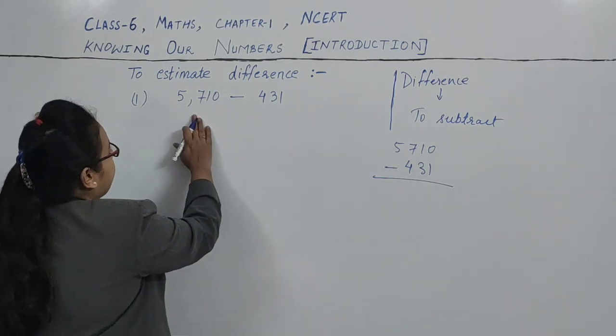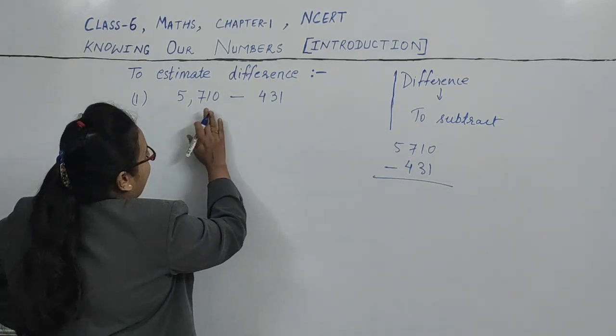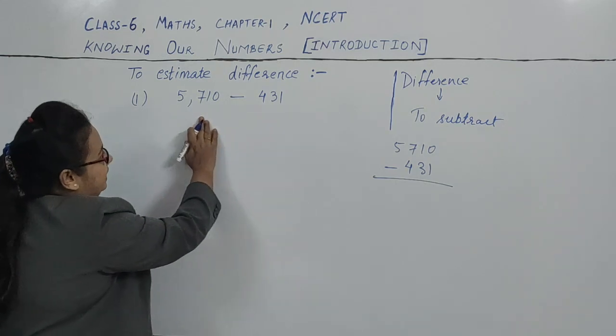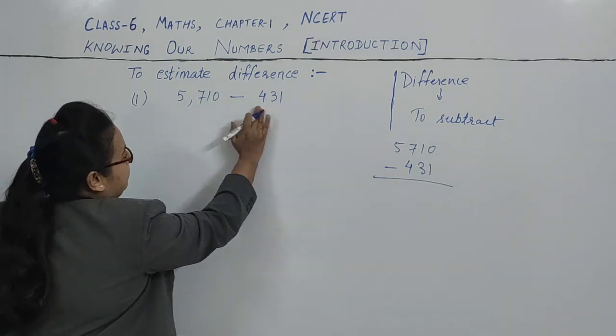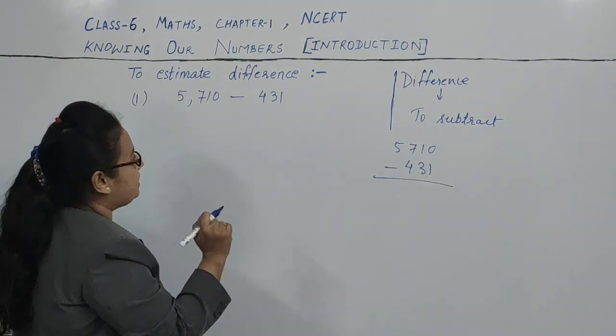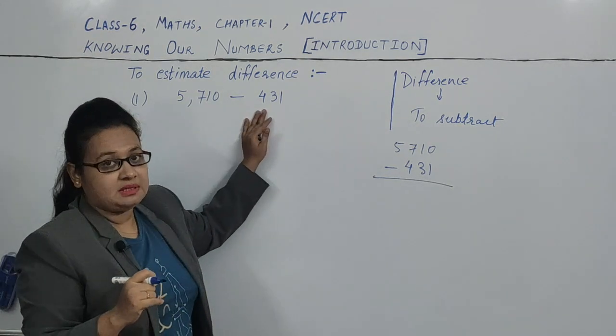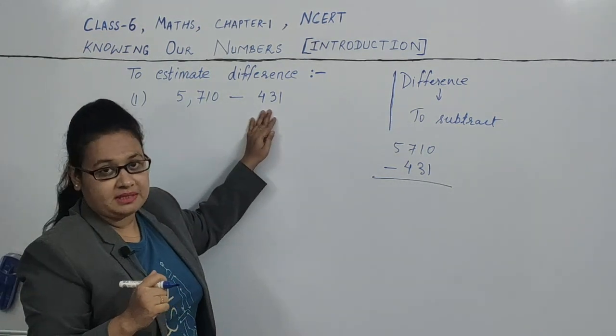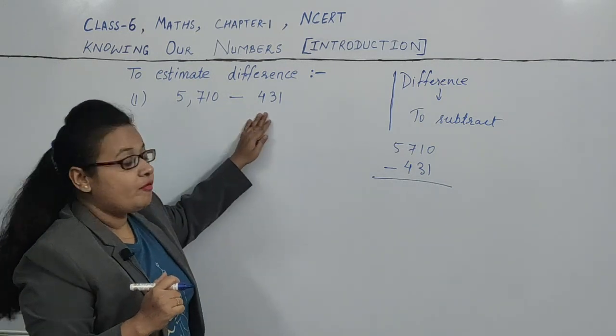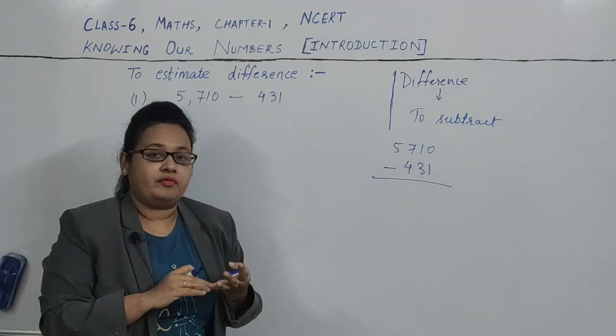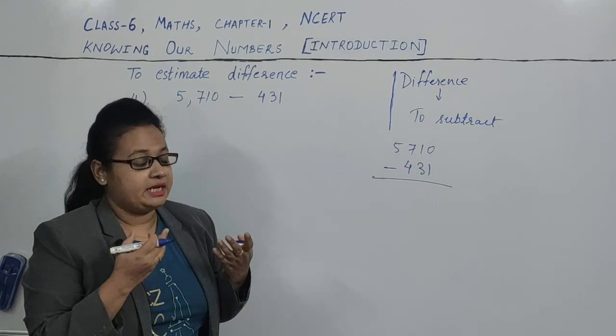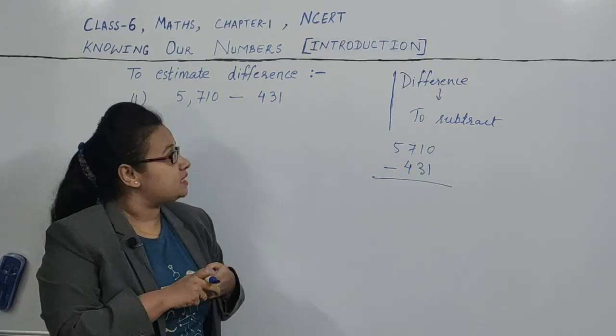Okay, so how to calculate the estimated difference? For doing this, we have to estimate these two numbers separately. To estimate them separately, we have to round off these two numbers. For rounding off, we round off to the nearest tens, hundreds or thousands.